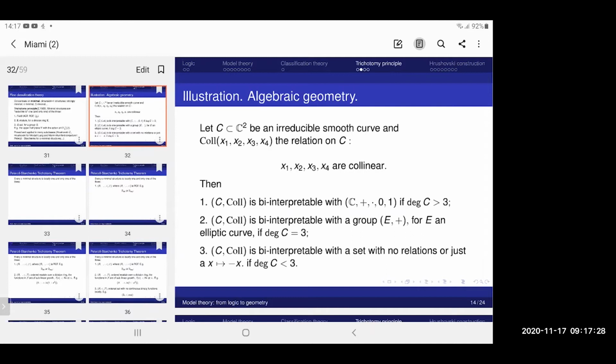Actually, I started many years ago, in the 1970s, with my students working on their master's work to do special cases of this.